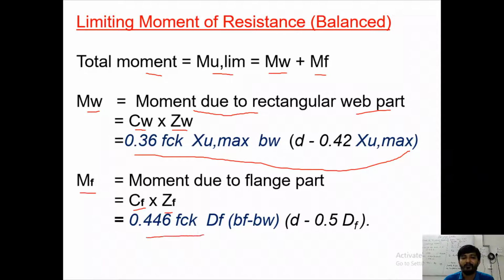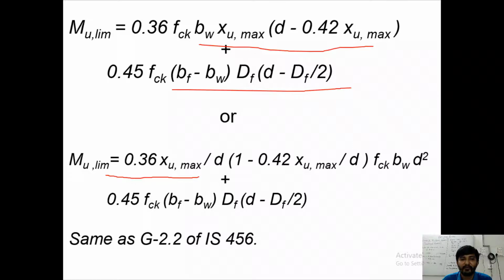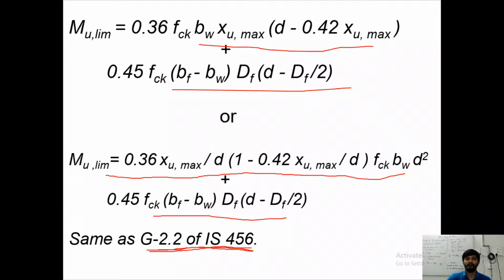We know both these values, substitute the values, you get moment in flange. So Mu limiting will become the summation of both these values, right? You can convert this in terms of XU max by D values. So this is the XU max by D value, and the similar equation you can find in IS 456-2000, Annex G 2.2. You will find the similar formula over there.